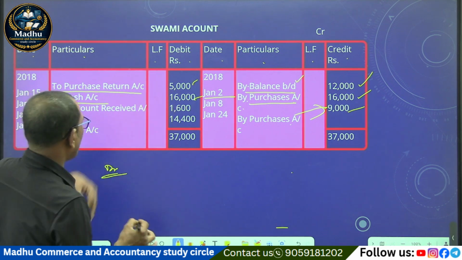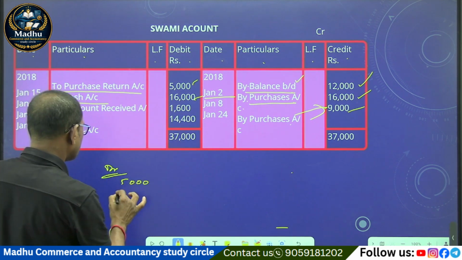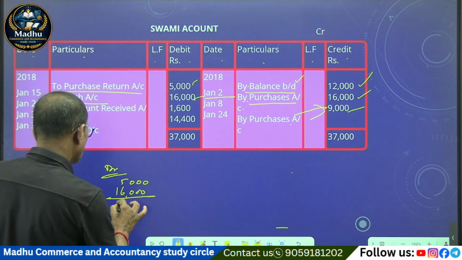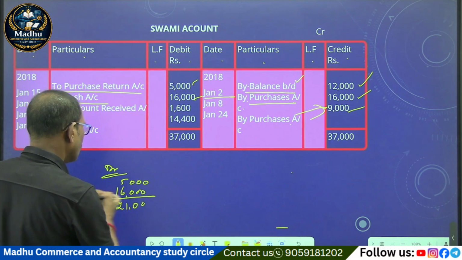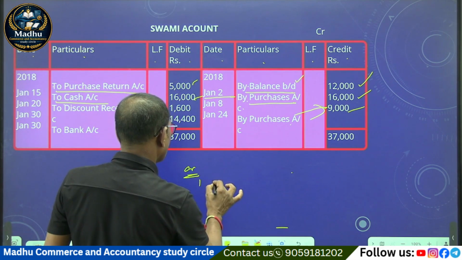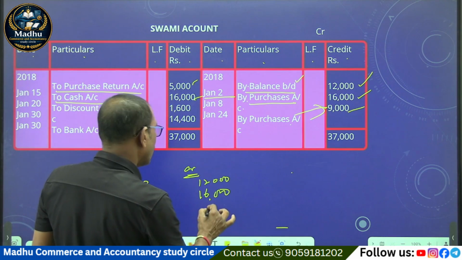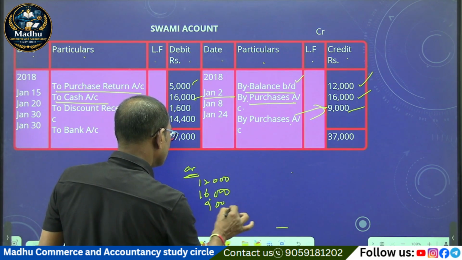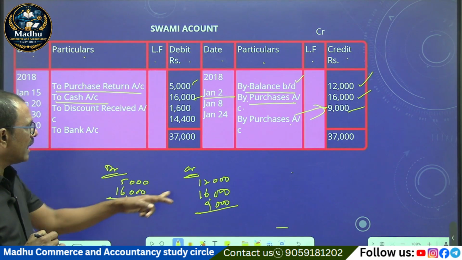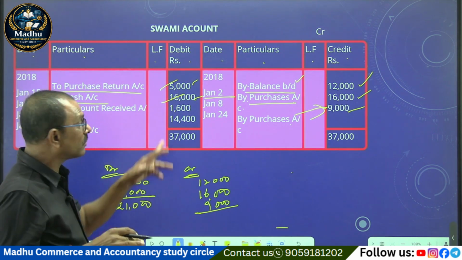Debit side 5,000 and 16,000, so total is 21,000. Now credit side here 12,000, 16,000, and 9,000. So here debit side total is 21,000. Only these two we have to write. Whatever transactions we recorded, that only we have to take.